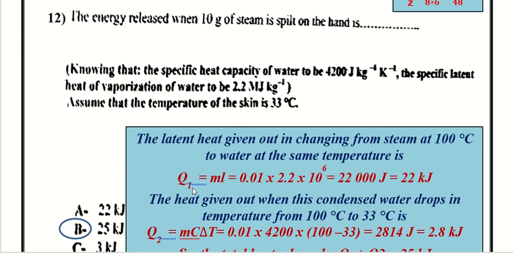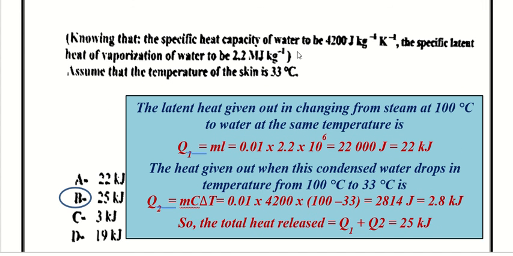So this quantity of heat equals mass times L, and by substituting in this relation, the mass equals 10 grams, which equals 0.01 kilogram, times the value here for the specific latent heat, we can get the latent heat that changes steam at 100 degrees to water at the same temperature.